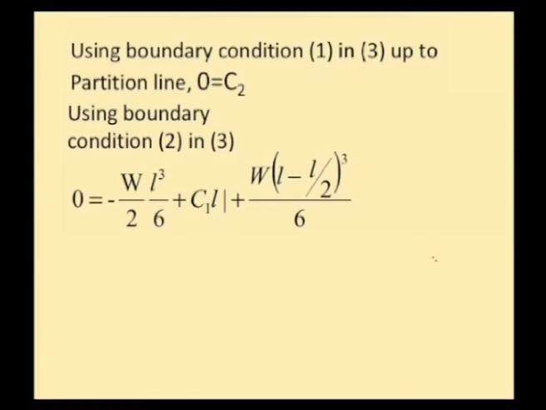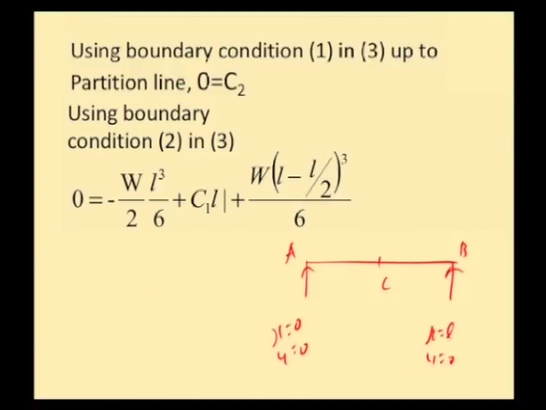So, using boundary condition 1 in equation 3, care should be taken that the boundary condition is applied up to the dotted line, because x equal to 0 lies in the region AC. We have the simply supported beam A, B, C, and we use the boundary conditions when x equal to 0, y equal to 0, and when x equal to L, y equal to 0.